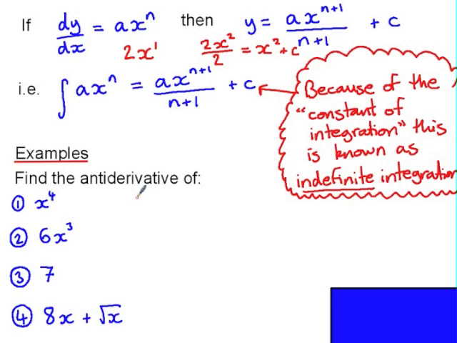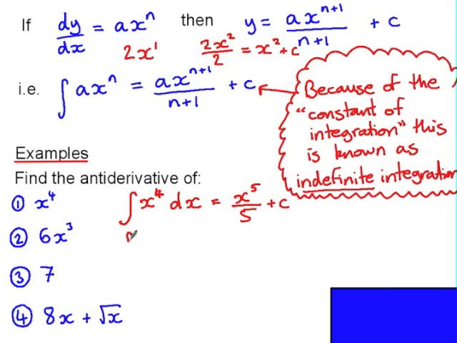I'm going to use the integral notation. So the integral of x to the power of 4, and it's important to write the dx, which means with respect to x. So the integral of x to the power of 4 with respect to x is x to the power of 5 over 5 plus c.